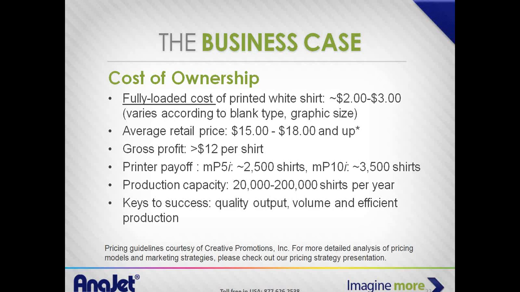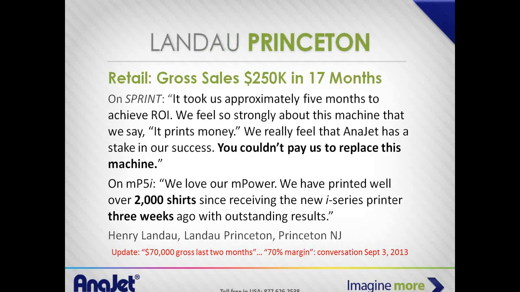Either one of these machines will knock that out in an hour. And yet, if that was all you were doing, you're going to be left with a nice little profit of over $2,000 just on those 200 shirts. So I think you can begin to see rapidly how quickly your payback comes with these machines.